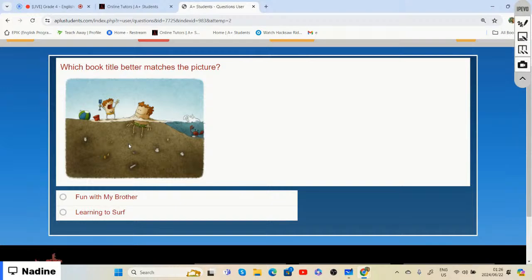So, we need to look at the picture and then we need to say which option matches the picture. It needs to match the picture. Is it option one, Fun with My Brother, or option two, Learning to Surf?